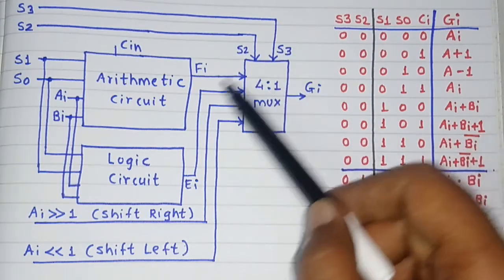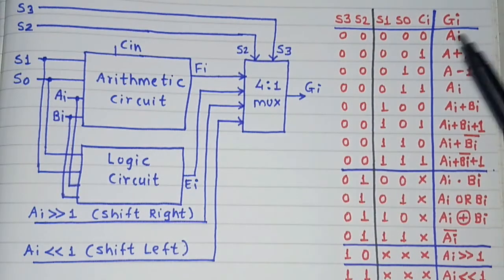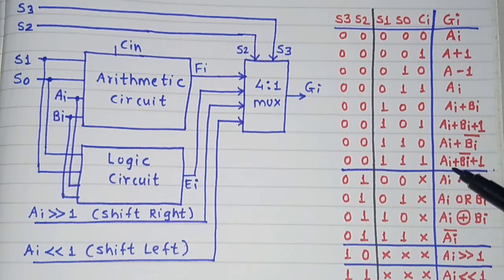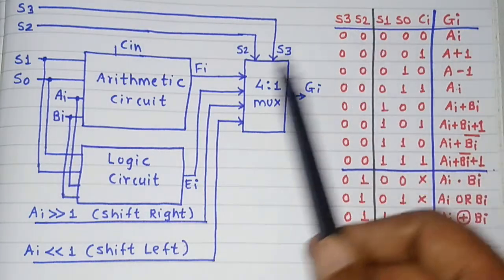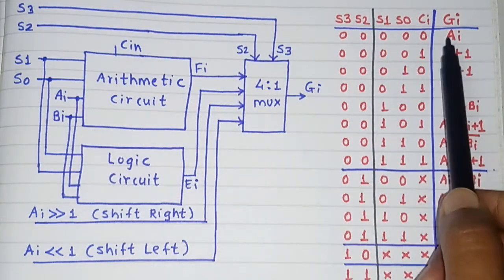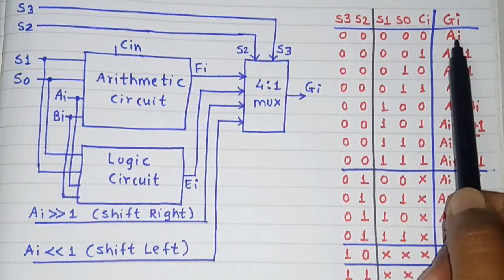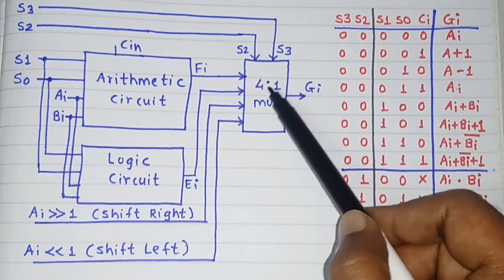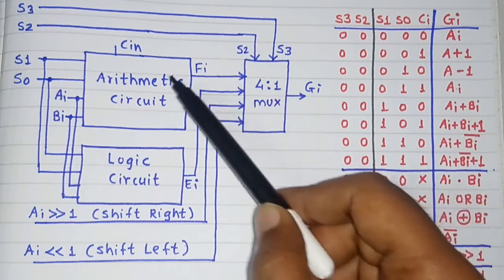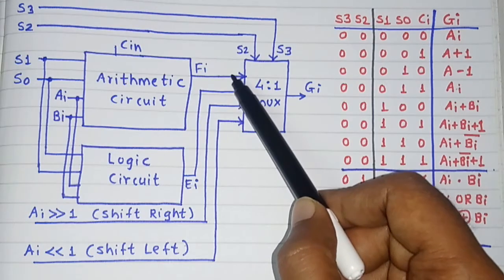So we have seen the truth table of the arithmetic circuit. We have the same combinations here. The first and fourth combination are the same, that is the transfer operation. Consider that if you want to perform the transfer operation, then the 4:1 multiplexer will select the arithmetic circuit output, that is this output.